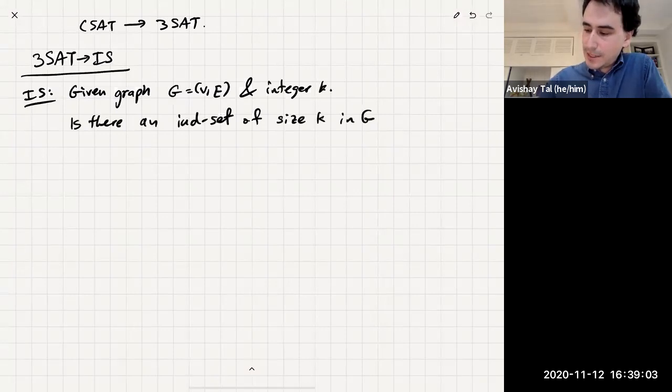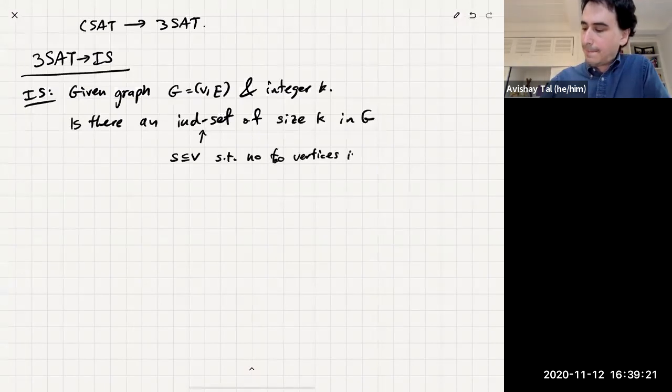What's an independent set? Independent set is a subset of the vertices such that no two vertices have an edge between them.